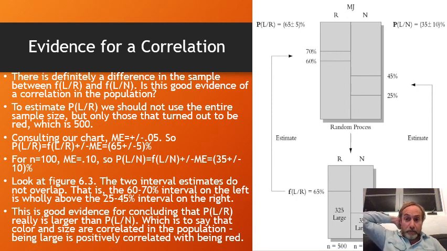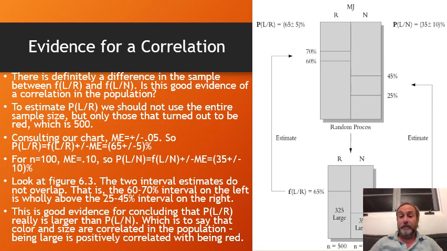Now the non-red marbles, there were only 100 of those. So now when we're calculating the margin of error for that probability in the population, we want the margin of error for 100. The margin of error there is 0.1, or 10%.